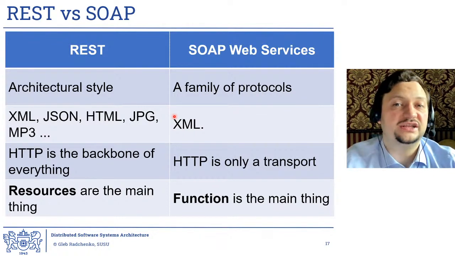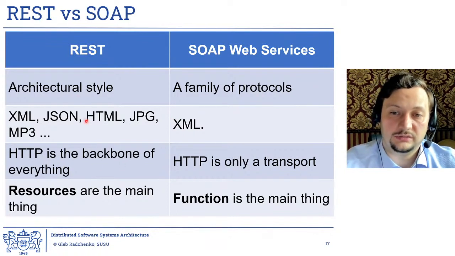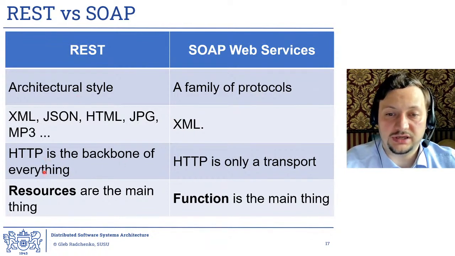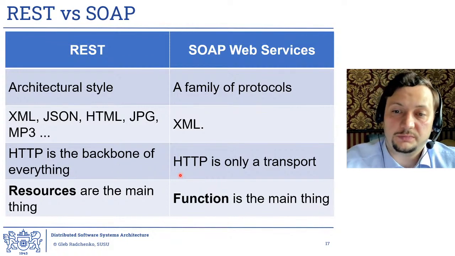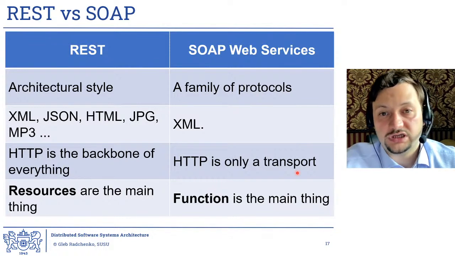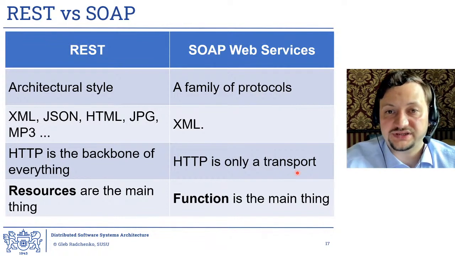If it is not inside XML, it is not a SOAP Web Service. HTTP is the backbone of everything in REST. In SOAP, HTTP is only one kind of transport. You can use SMTP, FTP, anything you can use to pass the XML requests.